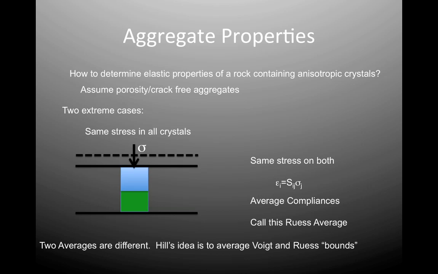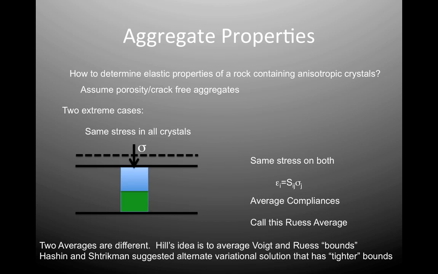Hill's idea was to average the bounds provided by the Voigt and Reuss estimates and to call this, and we now call this the Hill average. We can average in a variety of ways. A simple arithmetic mean is probably as easy as any other.